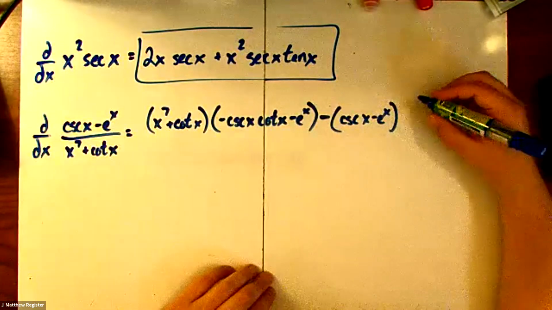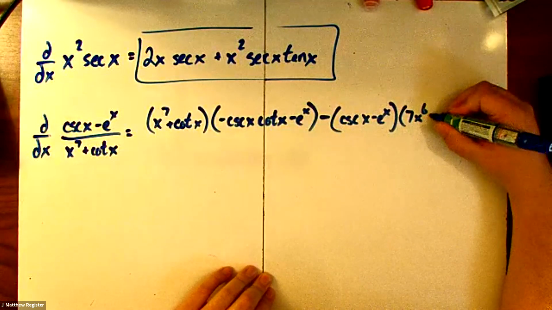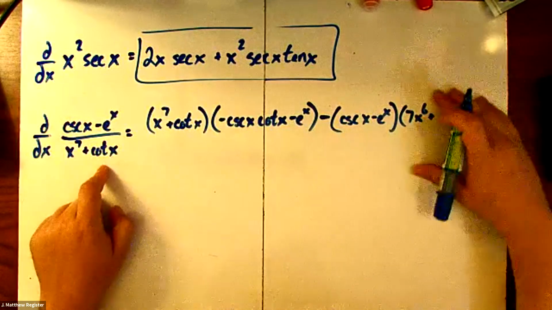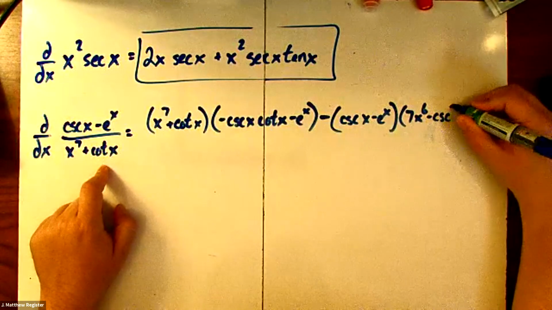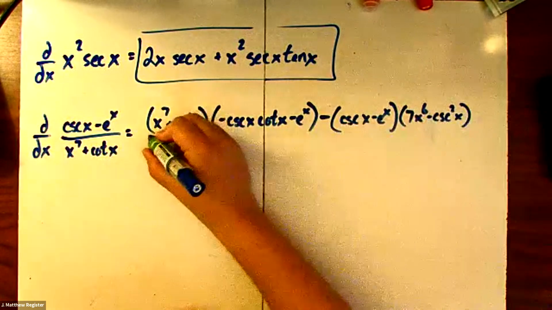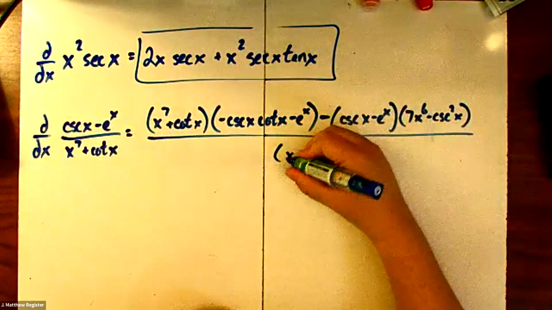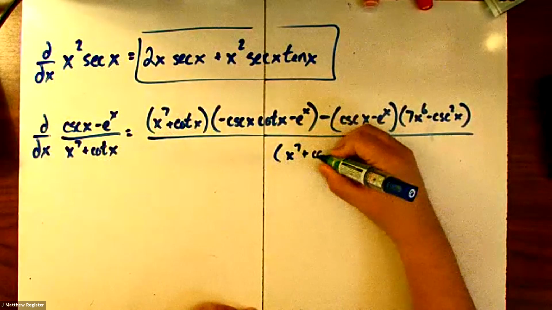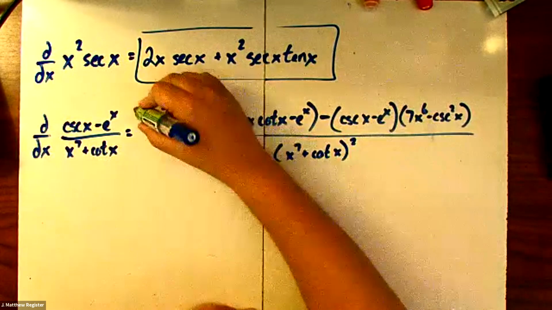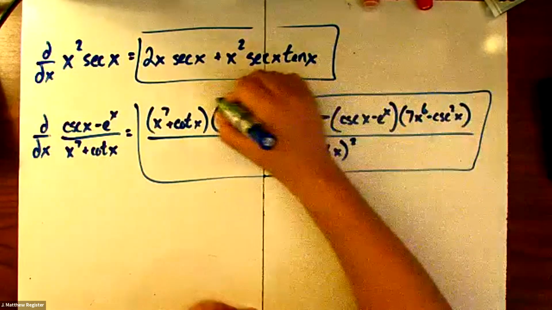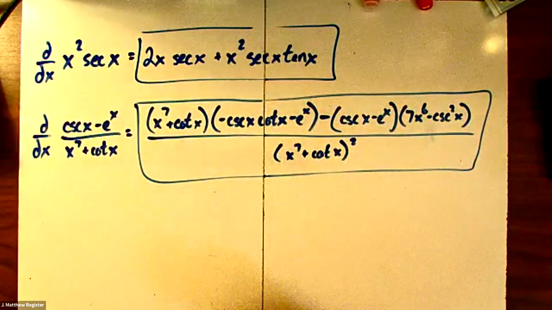And the derivative of the denominator is going to be 7x to the 6th plus the derivative of cotangent, which would give us a negative cosecant squared. All over, ho-ho, x to the 7th plus cotangent of x squared. That is the formula for the derivative of this function.